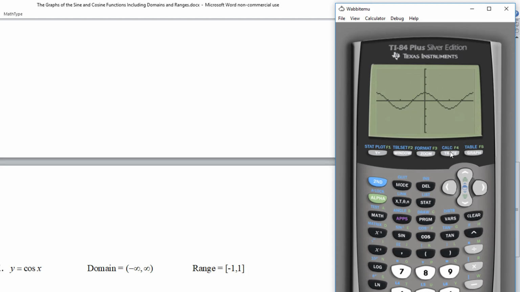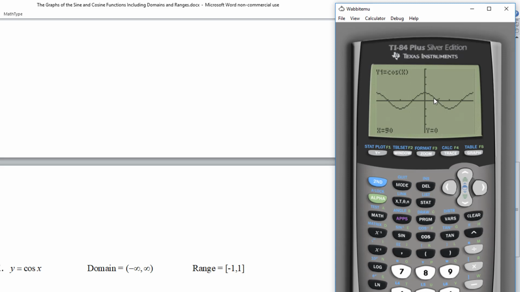So let's do a trace of this one. So you can see that at 0 radians, or 0 degrees, the y value is 1. So let's continue here. You can see there that at 90 degrees, the y is equal to 0.